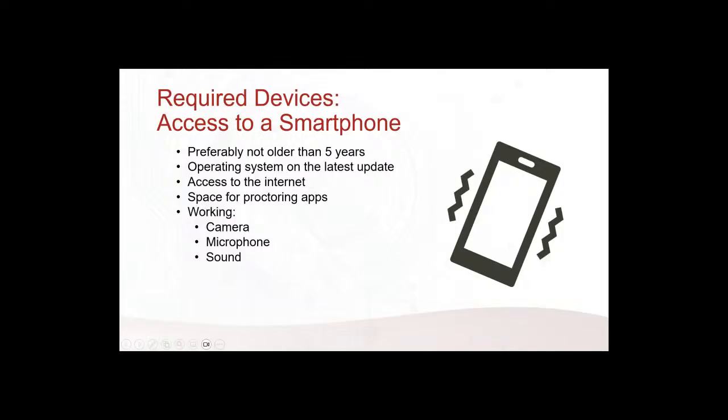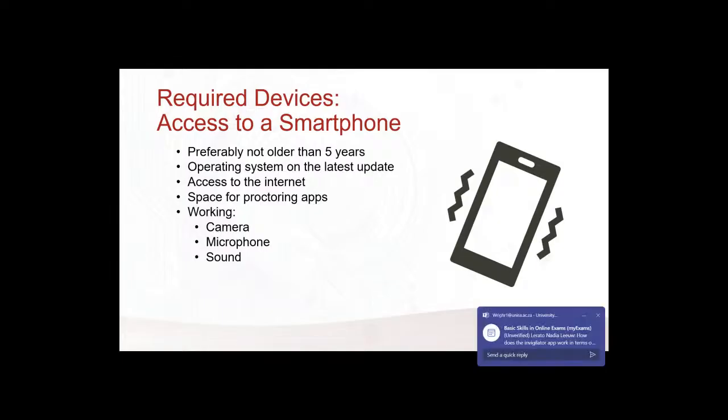So just a quick note on required devices. Because this is an online university, you do need certain types of devices to successfully partake in the assessments and also the online exams. For instance, if you're going to be using the Invigilator app, remember UNISA only uses the mobile version.